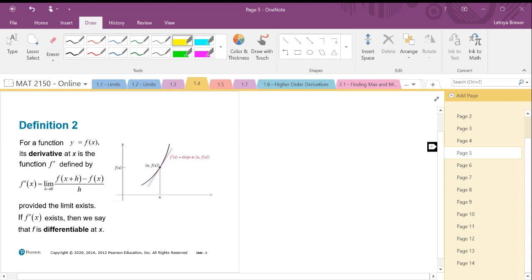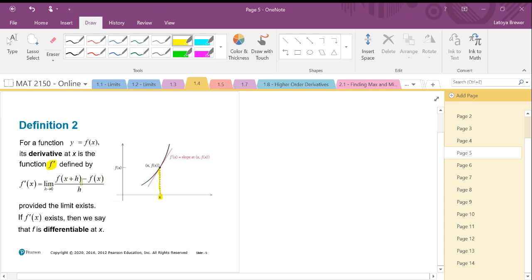All right, so for a function y equals f of x, its derivative at x is defined by f prime. You guys see me highlighting this? That's the way I read that, f prime. And f prime is defined by this right here.